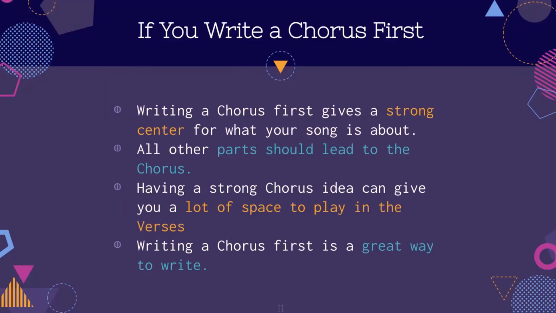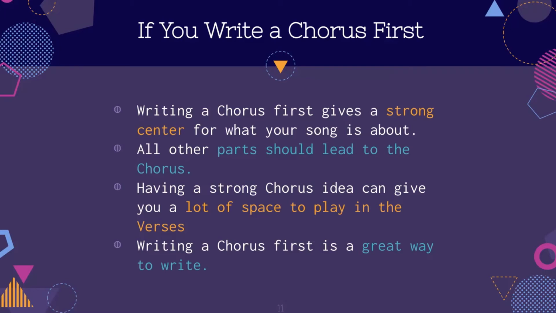So if you write a chorus first, writing that chorus gives you a strong center for what your song is about, and it can really be a guiding light because all of the other parts should develop and point to that chorus. And having a strong chorus can give you a lot of space to play within your verses.